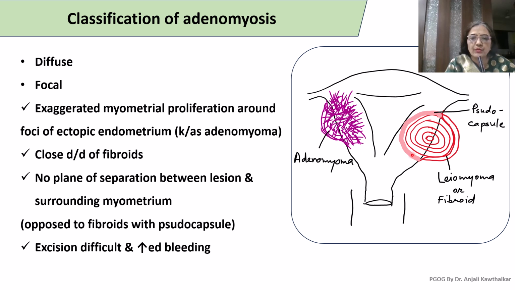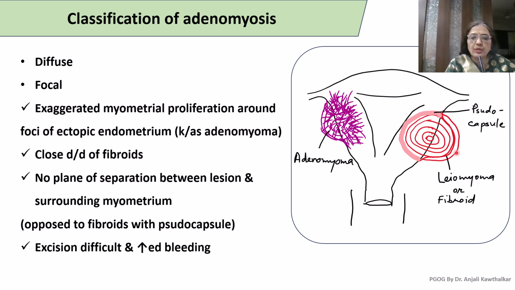It is not a case of leiomyoma, but a case of adenomyoma, because we do not get a plane of separation between the lesion and the surrounding myometrium in cases of adenomyosis, because it is entering all around. There is no specific plane of separation. That is the reason it is technically very difficult to do adenomyomectomy. And whenever we try the excision, it can be technically difficult, and it is associated with increased bleeding.